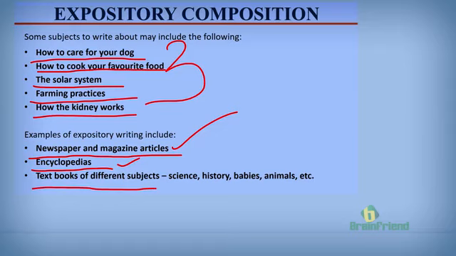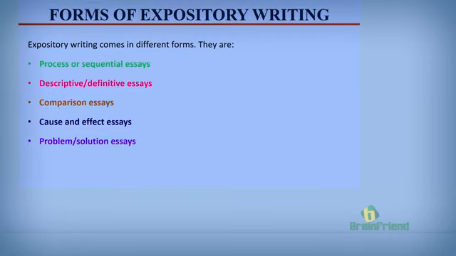Our school textbooks are good examples of expository writing. Different subjects such as science, history, babies, animals, and so on. So books on these different areas which provide information about them are good examples of expository writing.